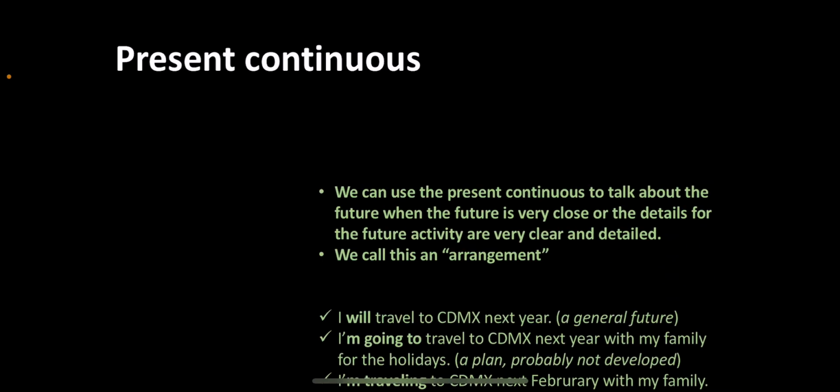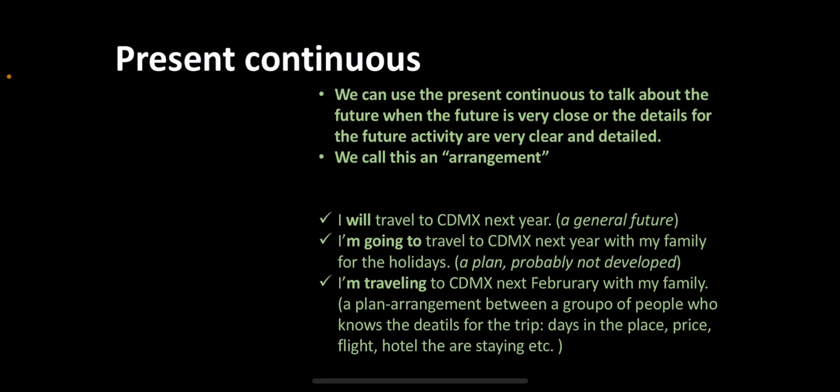So I'm using the present continuous to talk about an event in the future that is very sure, very probable, that I have all the details, and that it's very likely that it's going to occur. So you can use the present continuous to talk about the future when the future is very close, or the details for the future are very clear and detailed. We call this an arrangement.